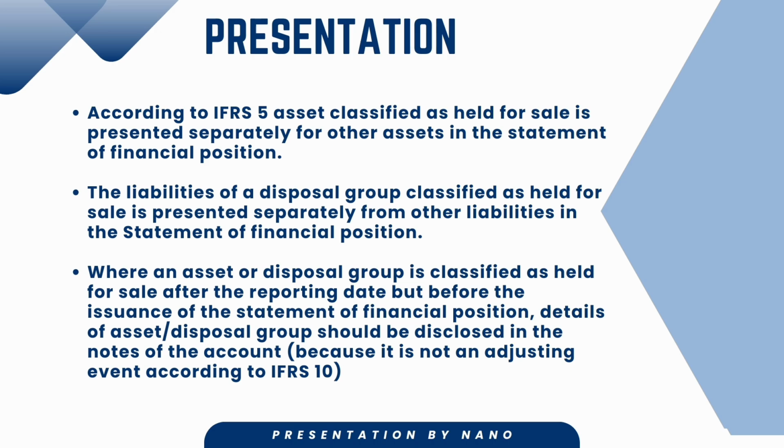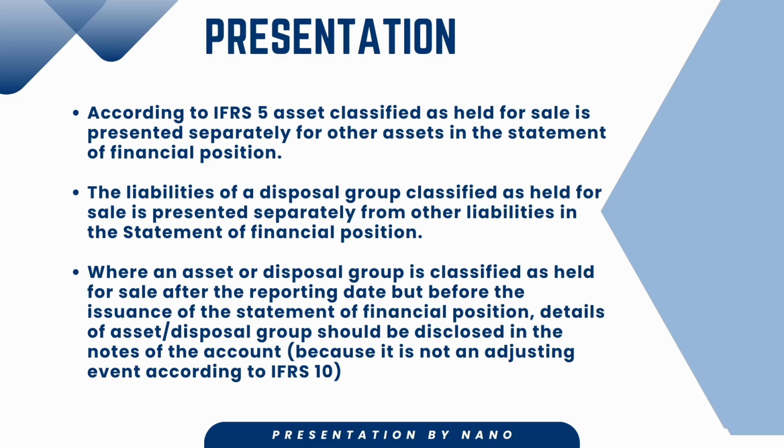So now how do we present that information in the statement of financial position? According to IFRS 5, assets classified as held for sale are presented separately from other assets in the statement of financial position. Don't worry about it. You're going to see an illustration in a later slide.